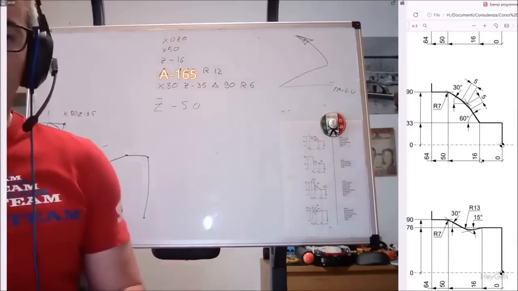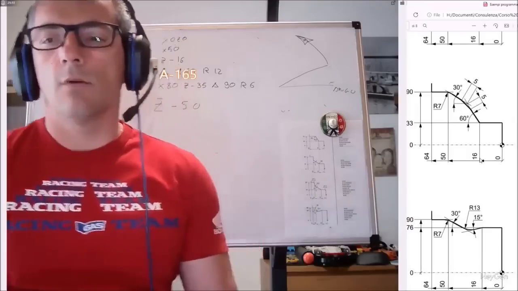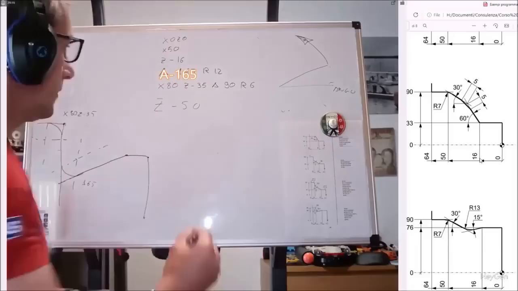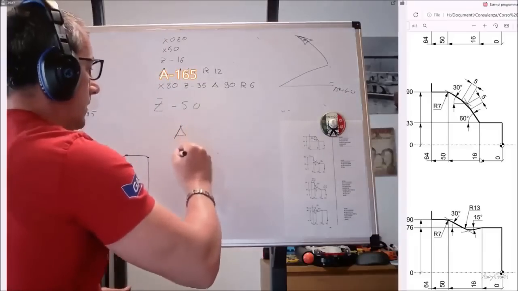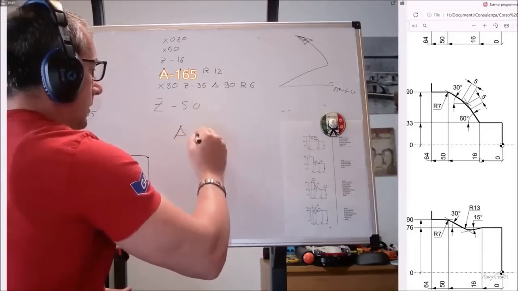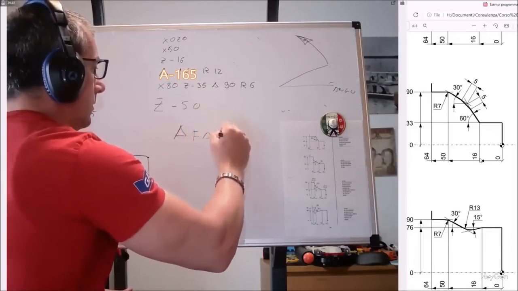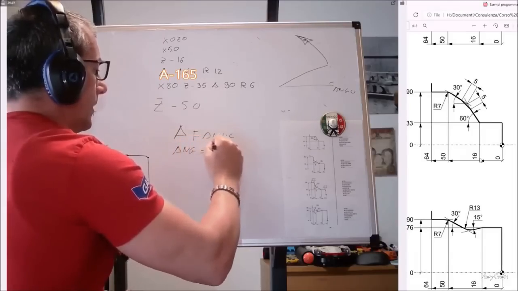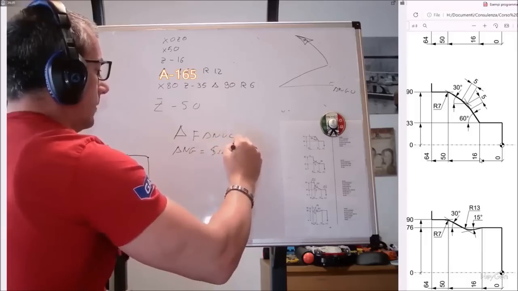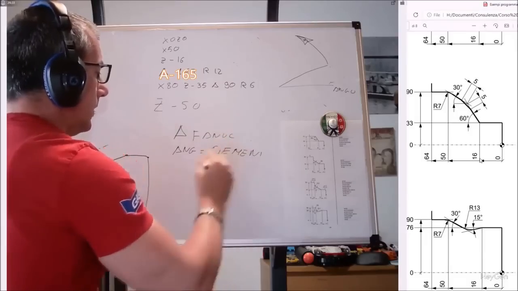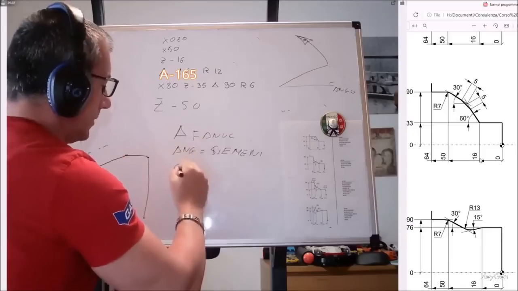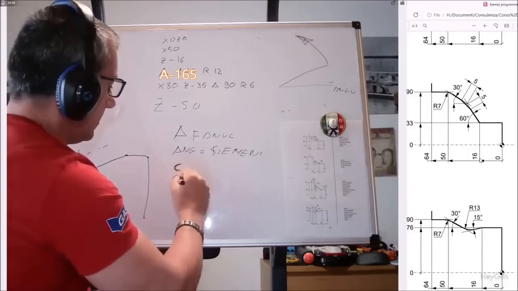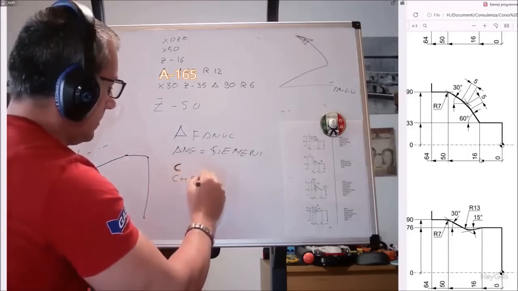Remember the A speech in Fanuc and ANG equal in Siemens, and in the same order, C and CHR equal, and R and RND equal, if you want to do the example in Siemens or in Fanuc. So, angle, chamfer, fillet: Fanuc, Siemens.